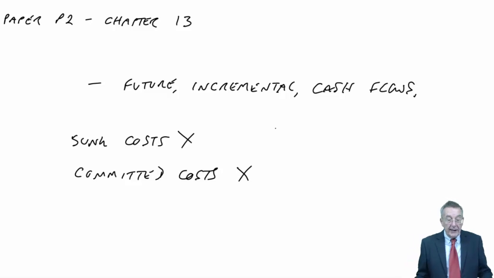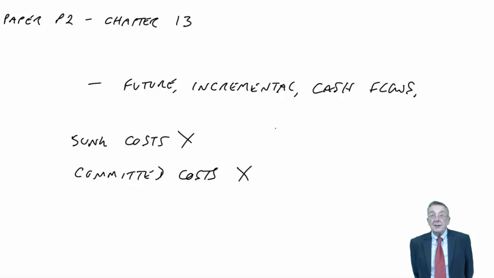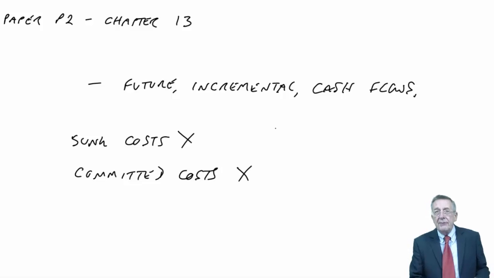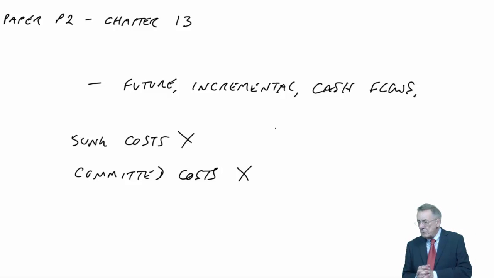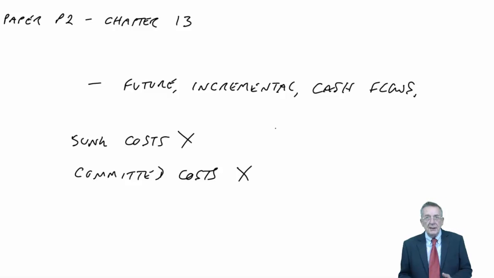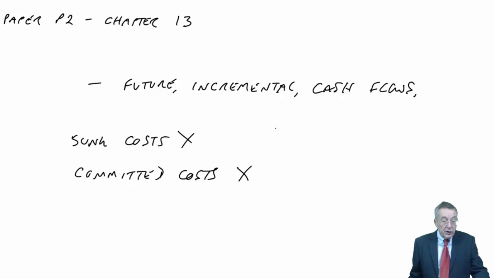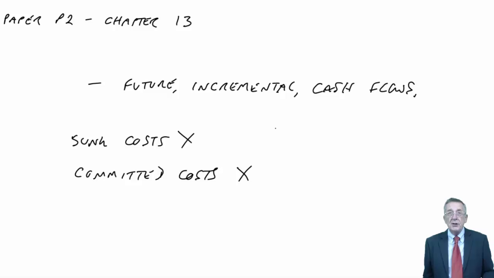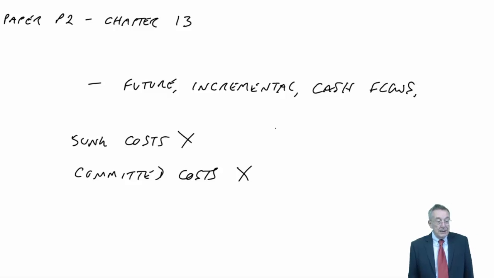Book values, historic costs, completely irrelevant. We're only interested in actual cash flows. It doesn't matter what we originally paid for things or what they stand at in the statement of financial position, the balance sheet. Non-monetary costs, I've already said, we're not interested in. We're only interested in cash flows. So again, things like depreciation, irrelevant.